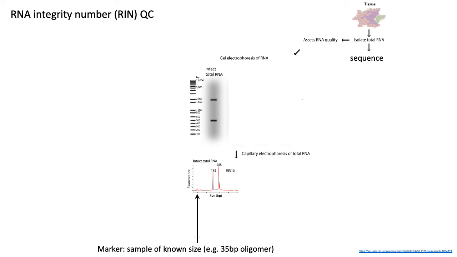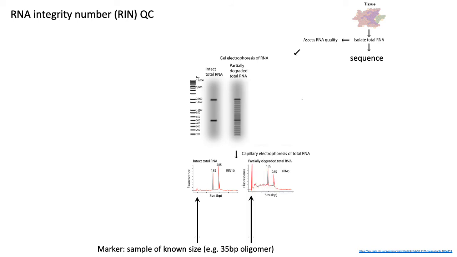The little peak that you see on the left-hand side corresponds to a 35 base pair marker that you typically spike in at a fixed concentration for calibration. In contrast, if you have a sample that exhibits a RIN of 6, then you'll still see large peaks at the 18S and 28S regions, but the 18S peak might actually be bigger than the 28S peak, which in this case indicates a little bit of degradation.